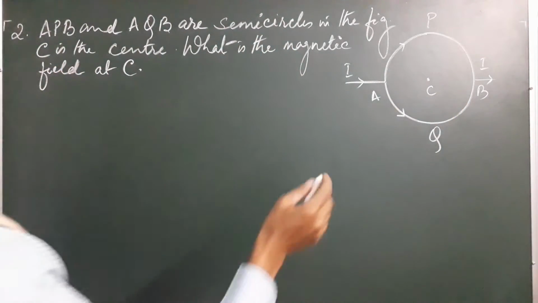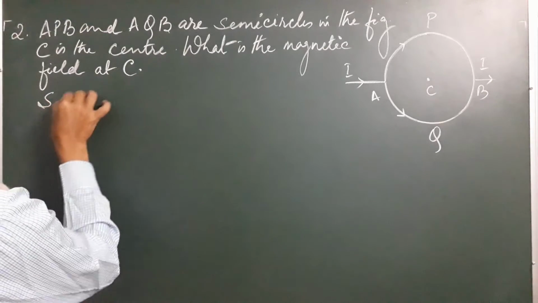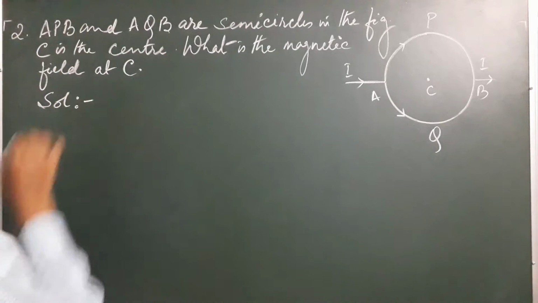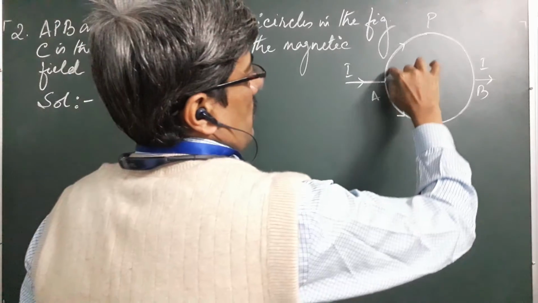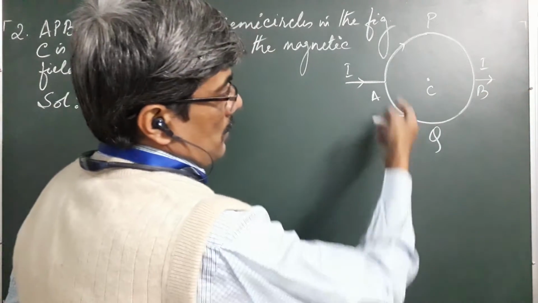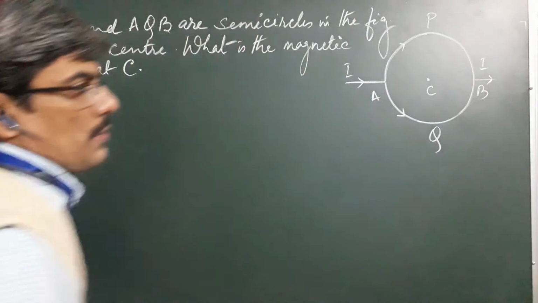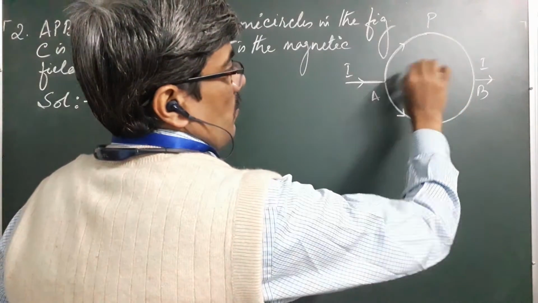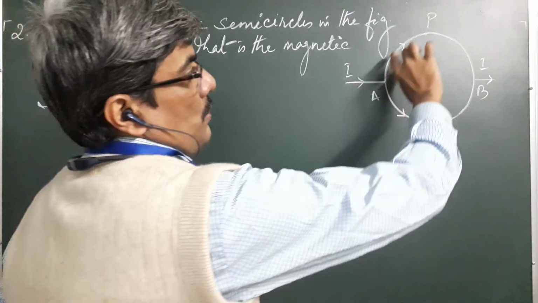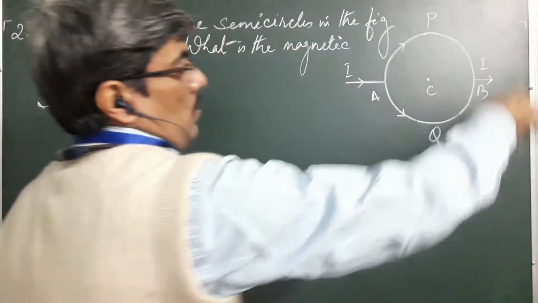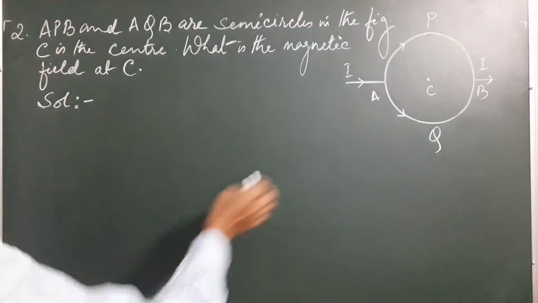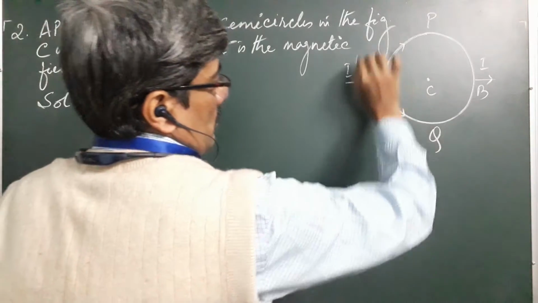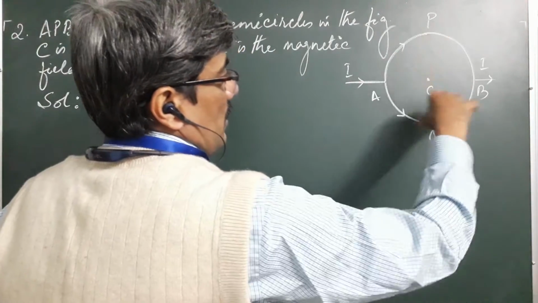Let us see the solution. Now, there are two parts. One is the APB section, another is the AQB section. Two sections. Obviously, the magnetic field at C will be the net contribution due to APB and AQB. Let us see. The total current that is flowing through this is I, bifurcating here.